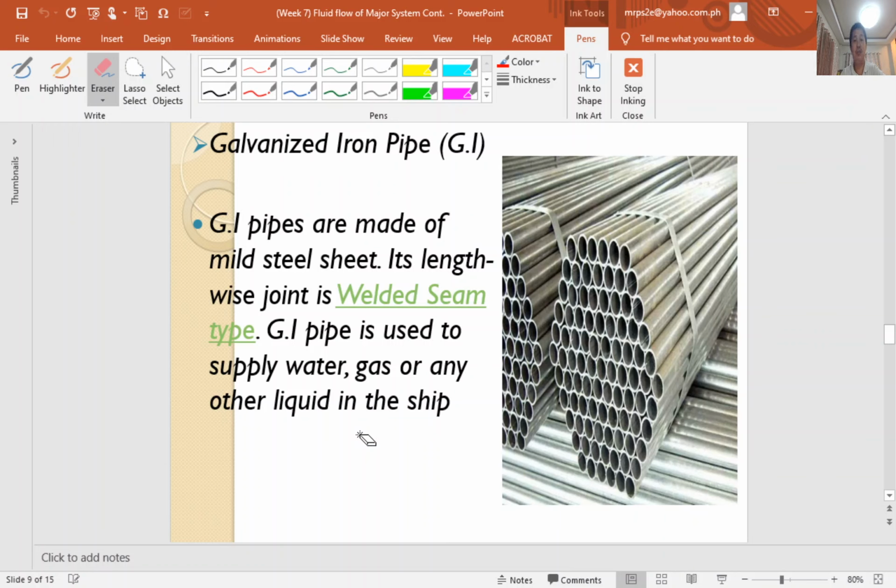It can also be used for air. So remember, this pipe is made of mild steel sheet.